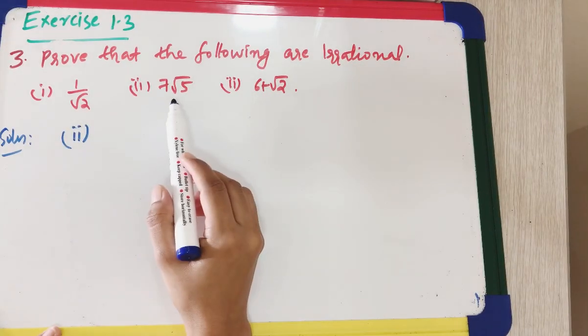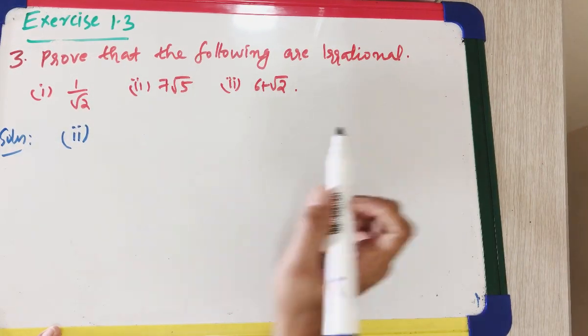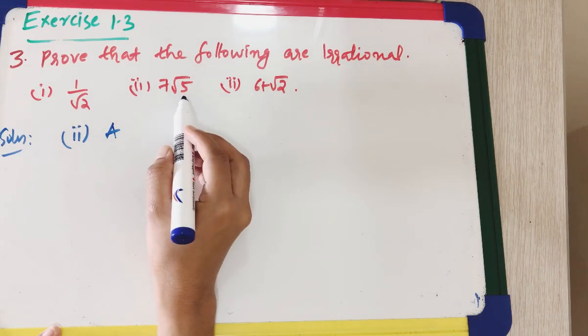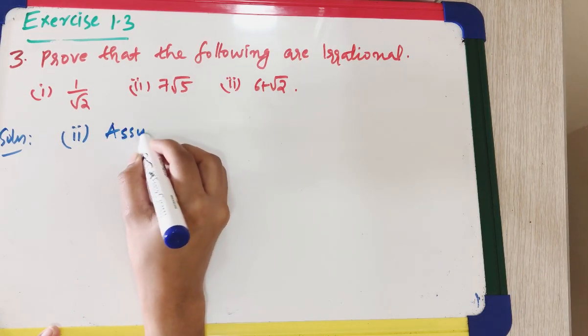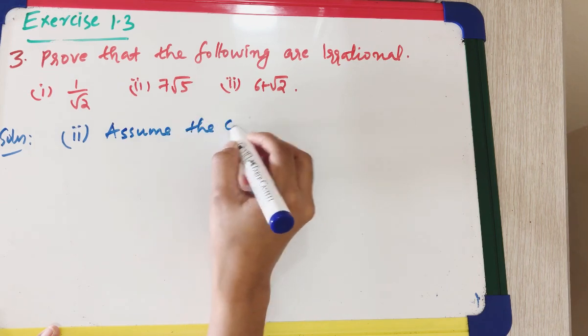Second one, to prove 7 root 5 is irrational, we assume the contrary that 7 into root 5 is rational.